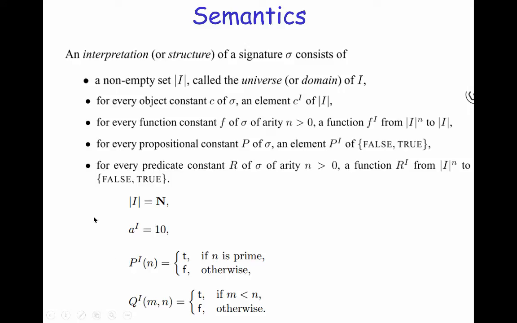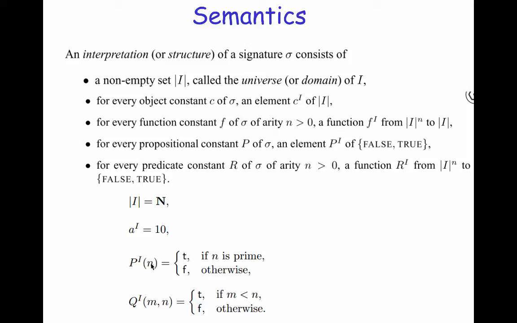So if I say exists X, P of X, whether this is true. Now, if we just use object constants in the original signature, what will happen is there exists object constant A such that P of A is true. But note here that P of A can be only P of 10, because A can be only 10.